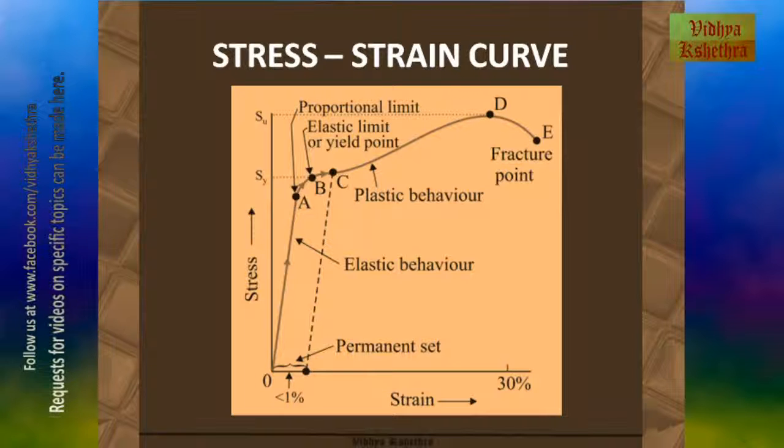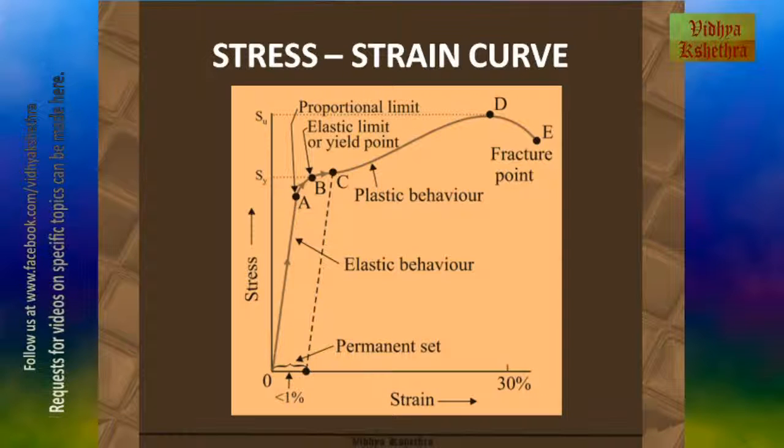At first, up to point A, the stress-strain curve shows elastic behavior. That is, in this area, the material obeys Hooke's law. Then from point A to B, point B is known as the elastic limit or yield point.